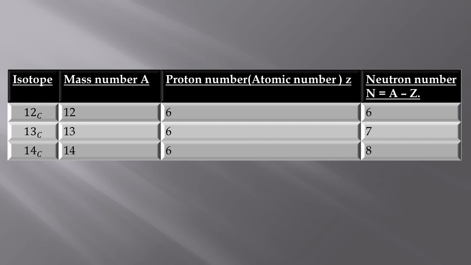The mass number A will be 12, 13 and 14. And the proton number is only Z. Mass number is the addition of the number of protons plus neutrons. So the proton number will be the same, that is 6, and the neutron number will be different, where N equals A minus Z, that is 6, 7, 8.